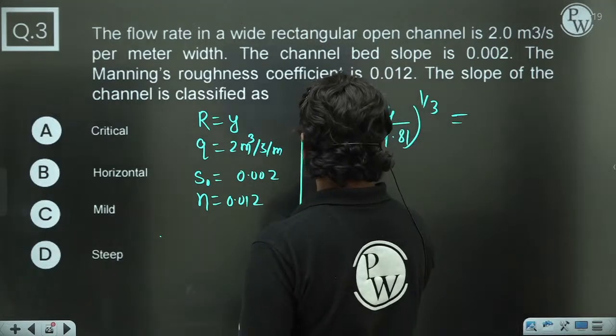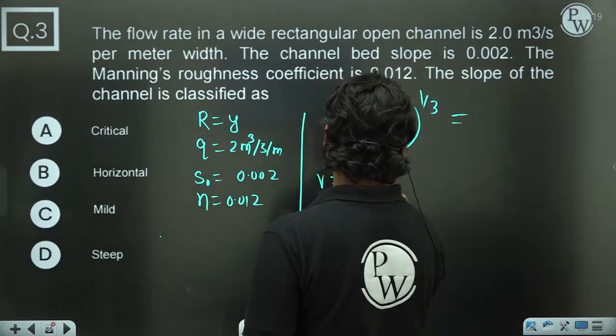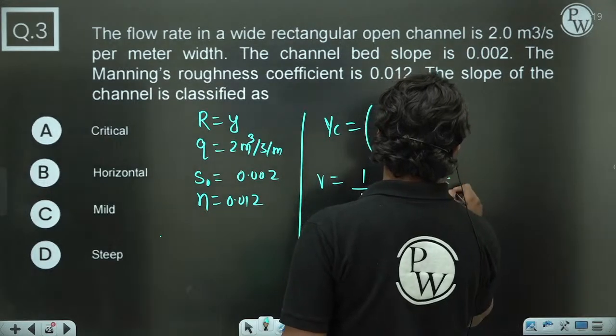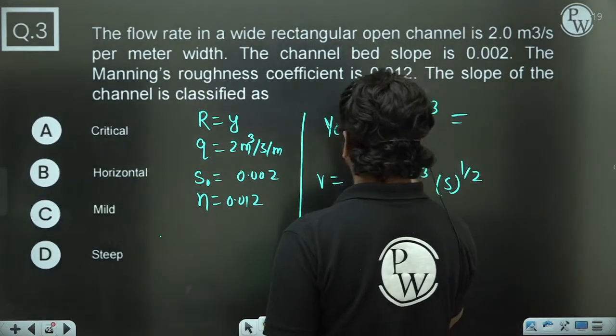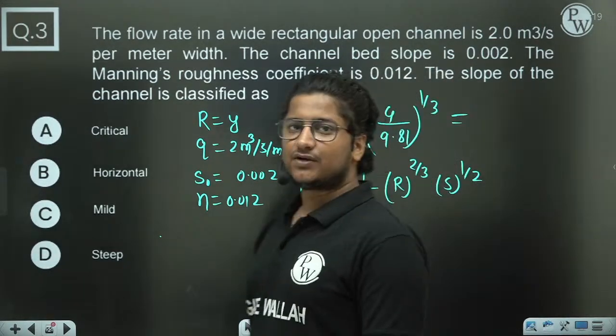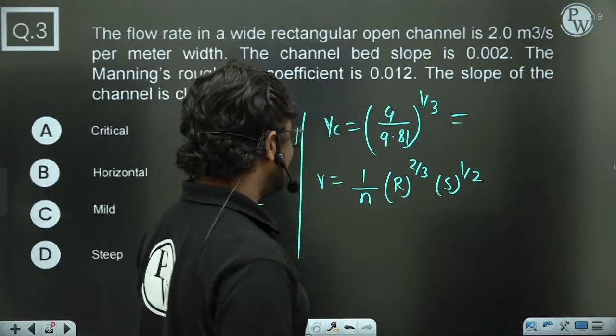To calculate yn, we can use V equal to 1 by n R to the power 2 by 3 S to the power 1 by 2. As you are going to calculate yn, that means normal depth, your S will be S naught. It will not be Sf, it will be S naught.